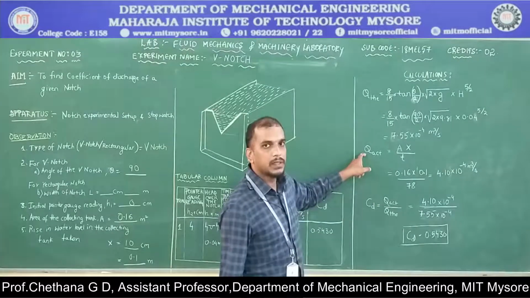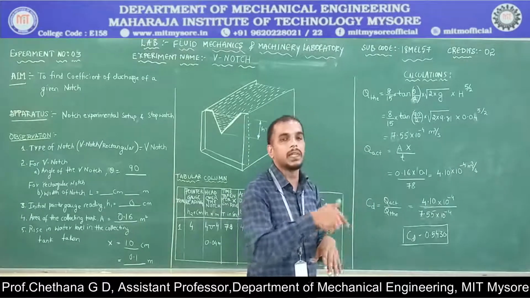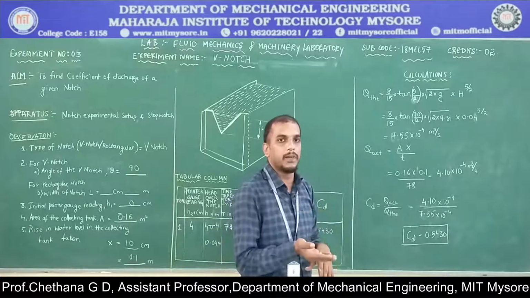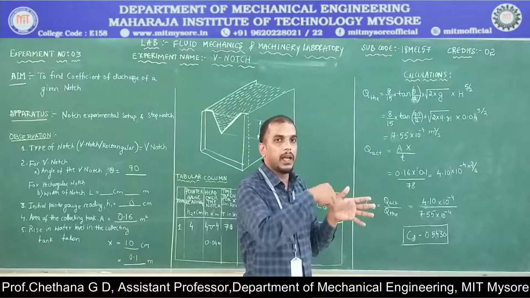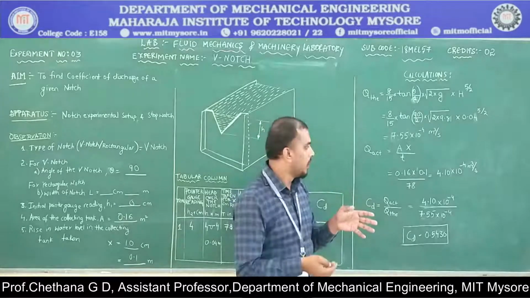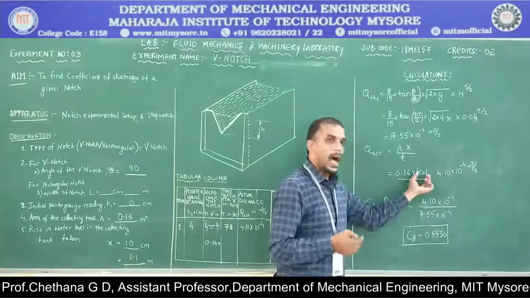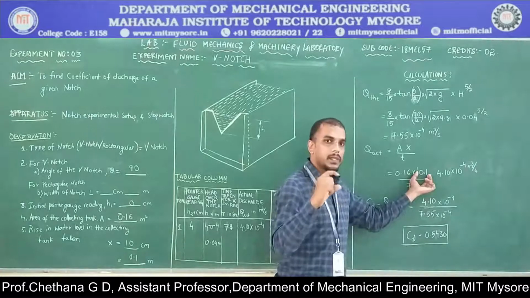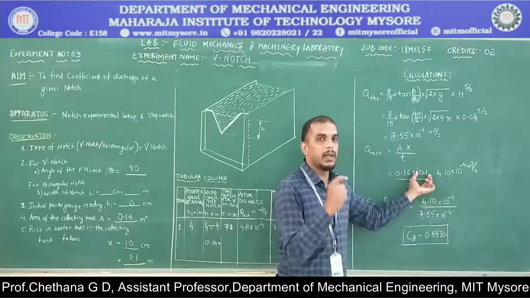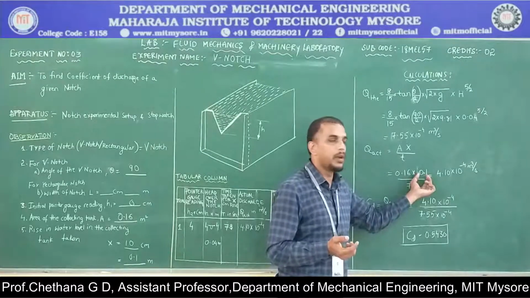Now for actual discharge, we had a collection tank. We had the area of the collection tank perpendicular to the floor, and the height is 10 centimeter. So for every 10 centimeter rise we are taking, it is 0.1 meter.